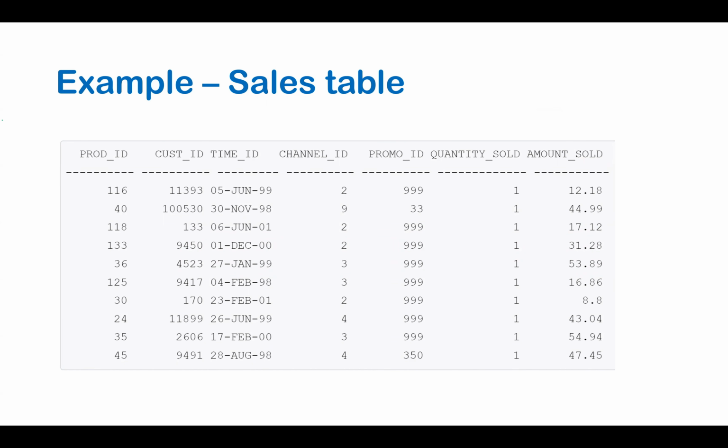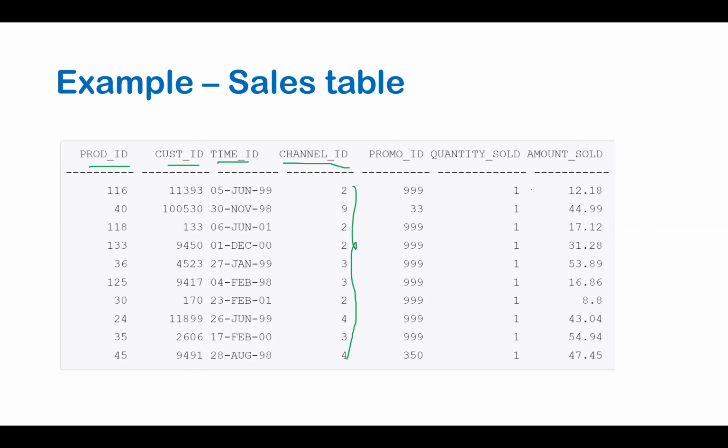If you see this sales table, you have product IDs, customer ID, time ID. Sales are happening at some times, so you can see 98, 2000, 2001, 98, 99. All this data is there. We have channel ID with repeated values, right? Then promo ID also has some duplicate records.